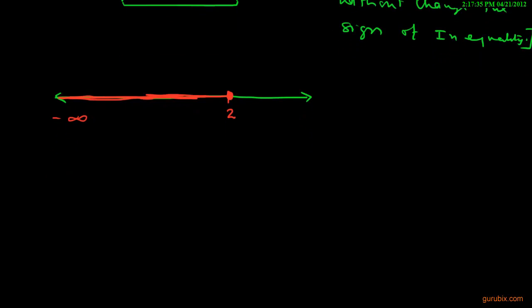So we can write the solution set like this: x belongs to the interval negative infinity to positive 2, and 2 is included. That's why we use a square bracket here, and here we use a small bracket or parenthesis.